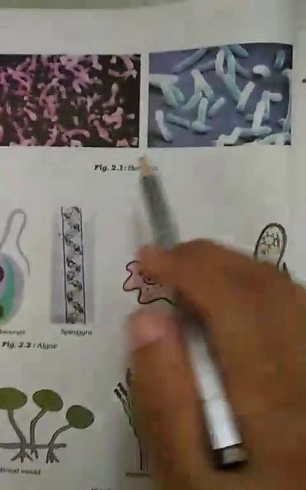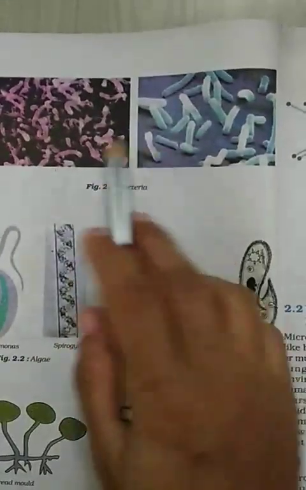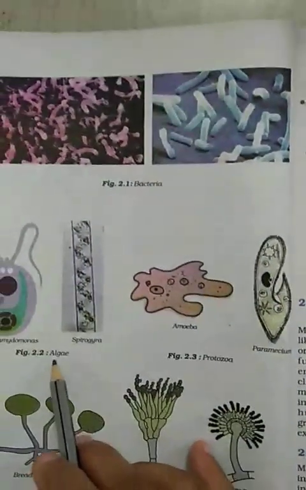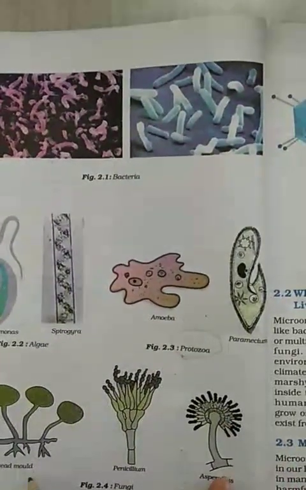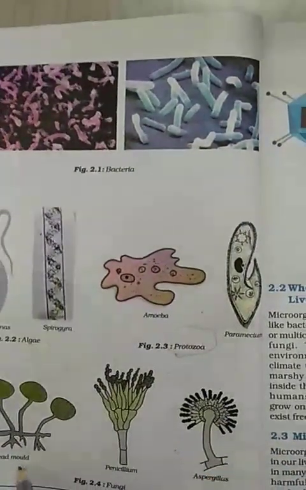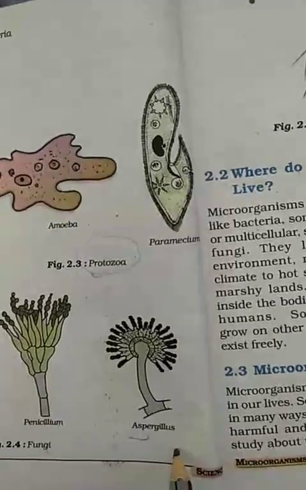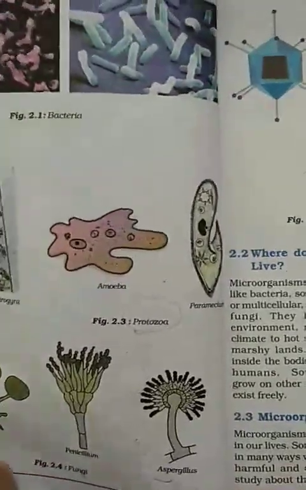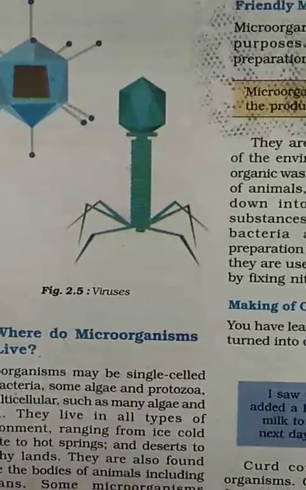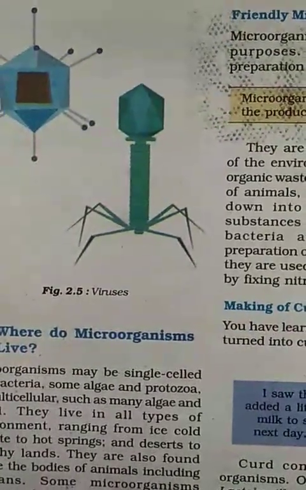You can see here how the bacteria look, how the algae look, protozoa, then bread molds, penicillium or aspergillus. These are some different kinds of microorganisms, and here is another microorganism known as viruses.